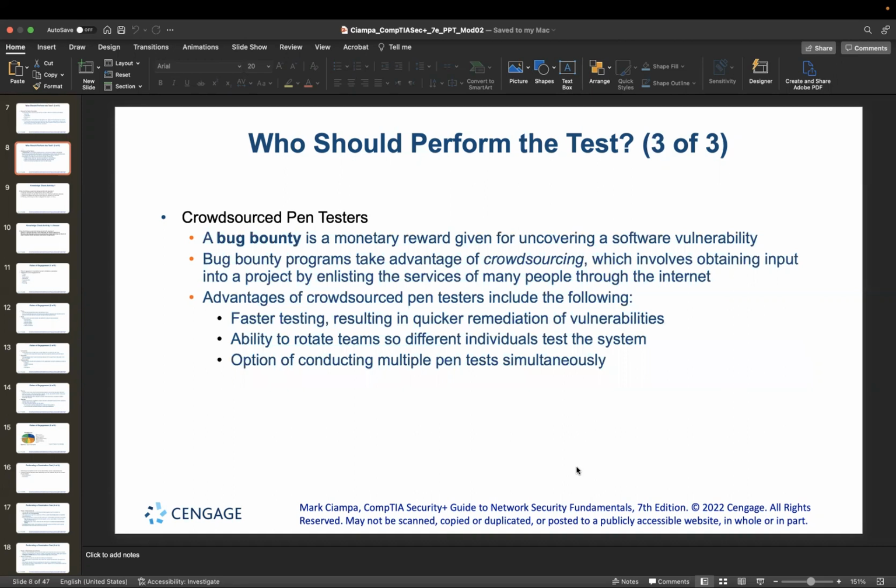The other thing you can do, and it's becoming popular these days, is the bug bounty. So basically, put a bounty out there and say, hey, whoever can break into my system, this is the reward for them.